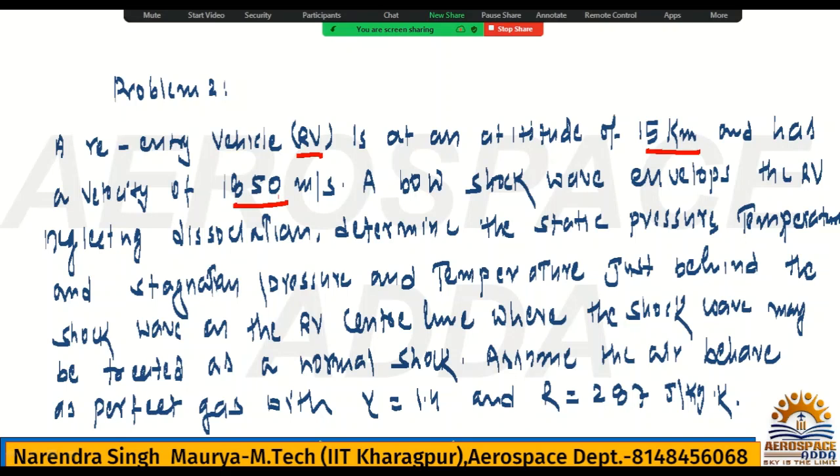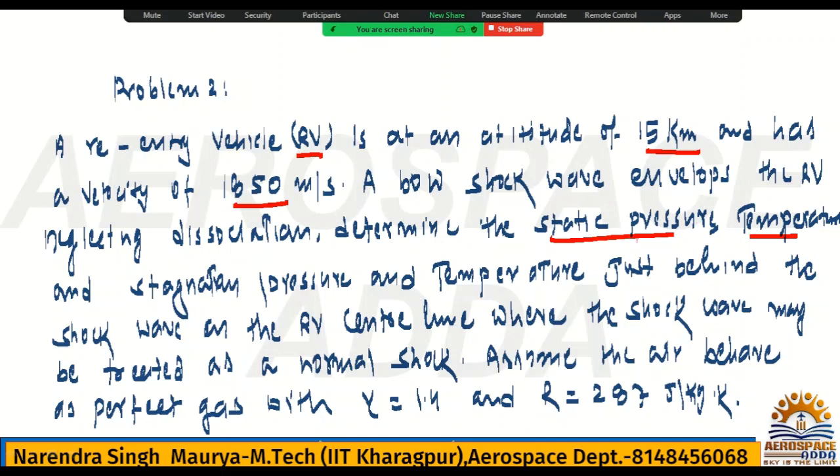Determine the static pressure, temperature, and stagnation values. So here they are asking for static pressure and temperature. At 15 km altitude, first you should know the pressure, temperature, and density. That is the first thing you need to calculate.